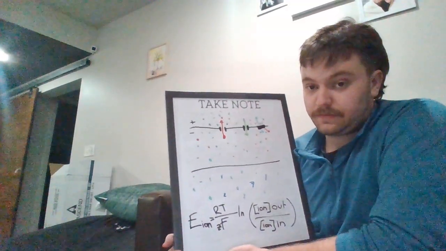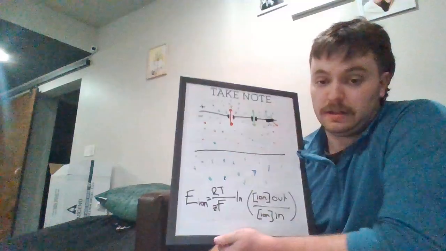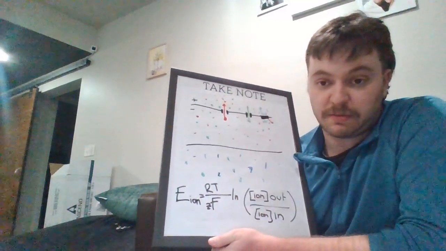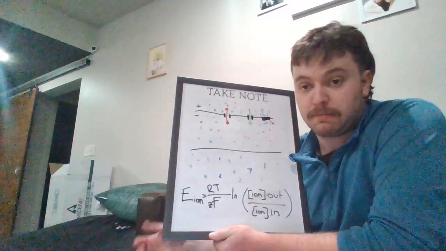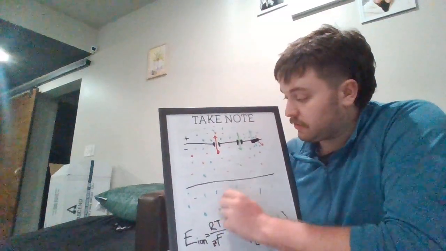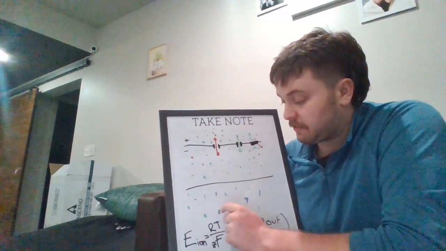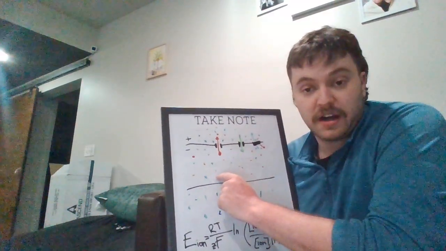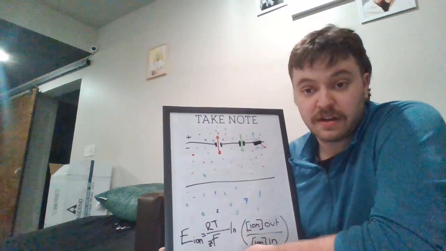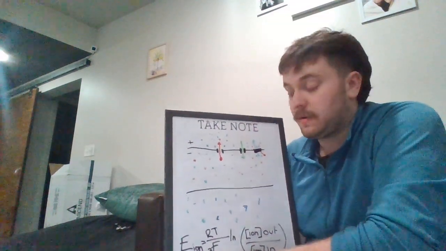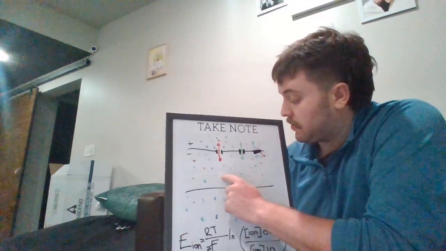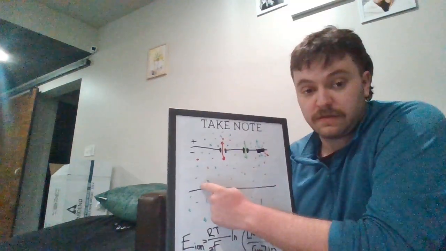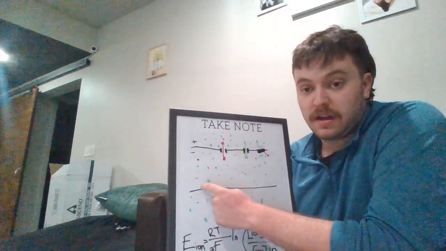Now, we're going to talk about some things that affect resting membrane potential. So obviously something that affects resting membrane potential is going to be the concentration of ions found within the gradient, right, found within the membrane. So that's going to affect our resting membrane potential.